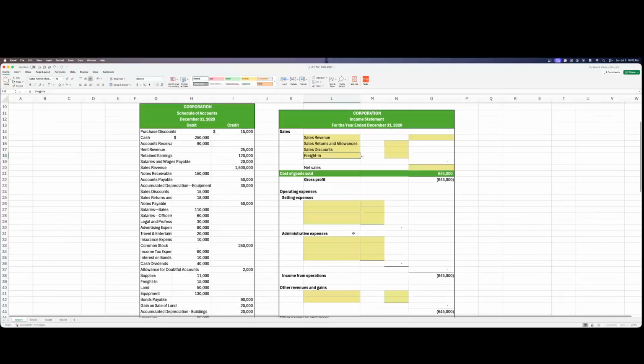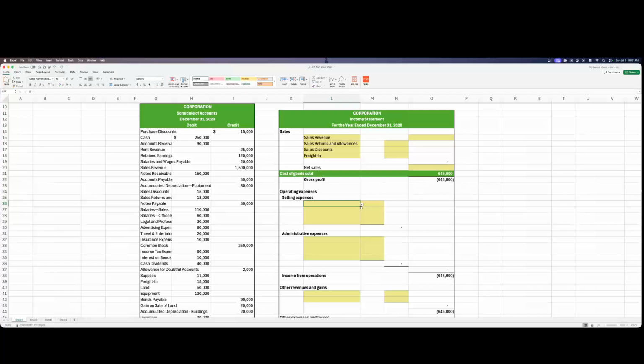But the selling expenses: first off, you're going to have the salaries for the salespeople, and then advertising.